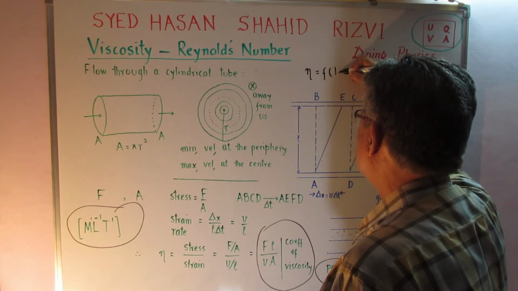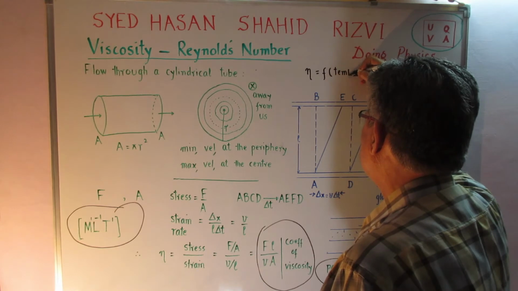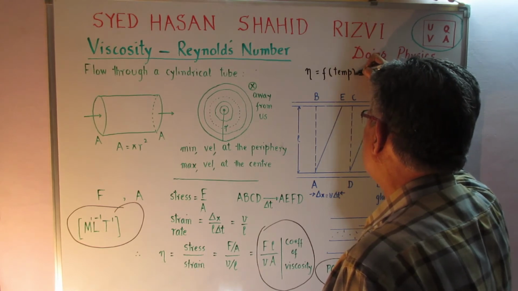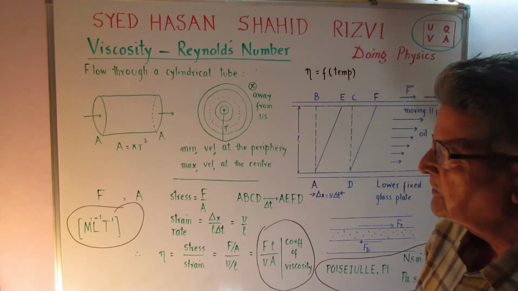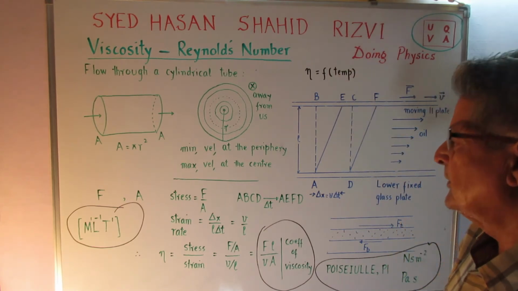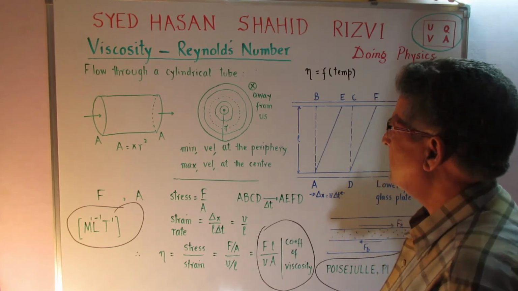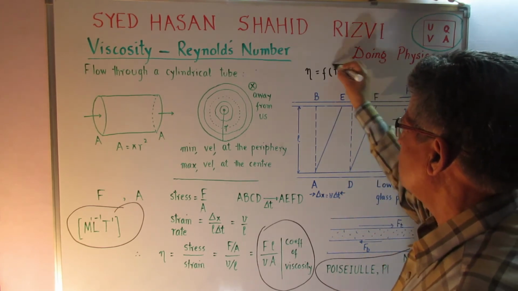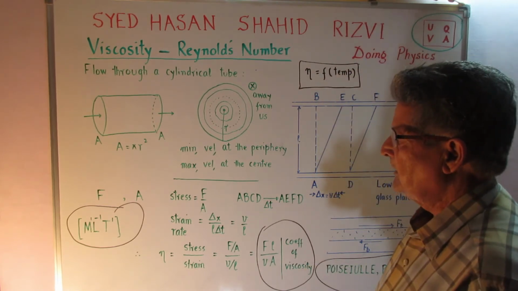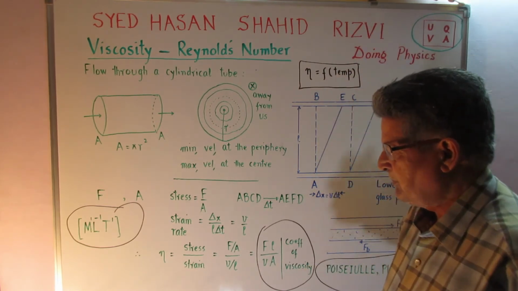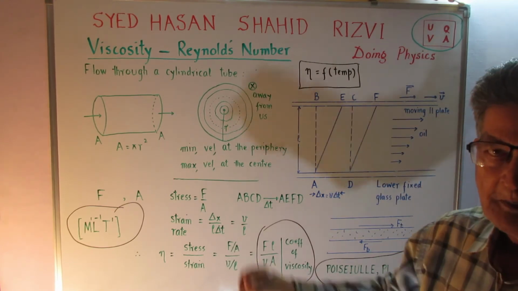If the temperature is changed, then naturally, because there is a molecular phenomenon involved over here, the distance between molecules changes, and then the resistive activity also changes, and so there is a wide variation of eta with temperature. Now I'll deal with the experiment to find out the value of eta.